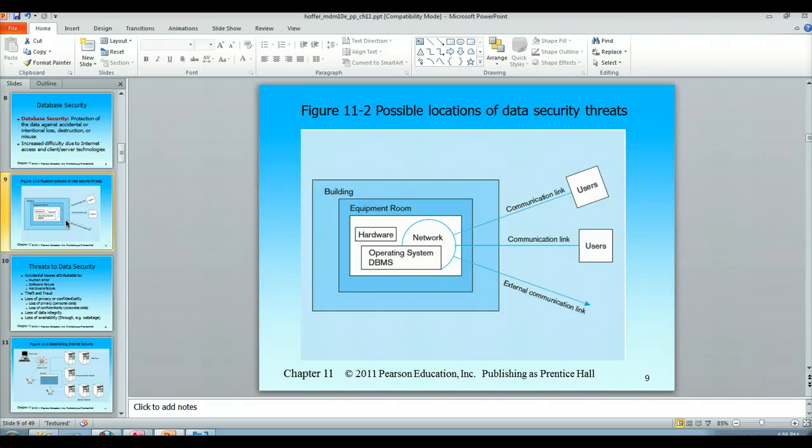And if we have all of our stuff inside an equipment room or a server farm, we need to secure the building that houses that room. So again, we have multiple avenues that we have to protect ourselves against data security threats.